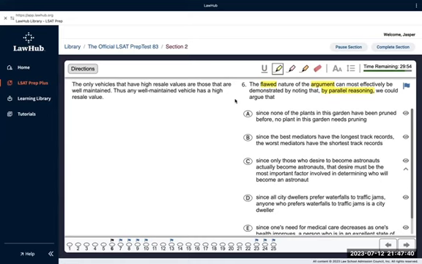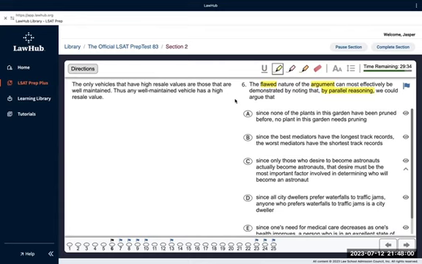So we are looking for a level of absurdity in the correct answer choice as well, because that will effectively demonstrate that we could use the same reasoning to come to an absurd conclusion. Therefore, the reasoning must be flawed in some way.